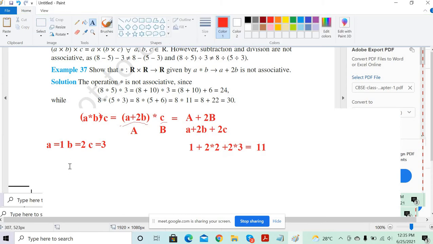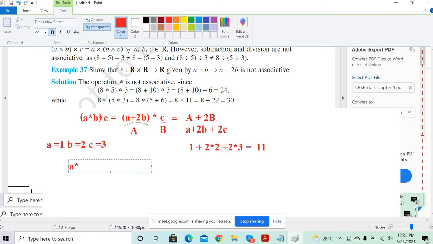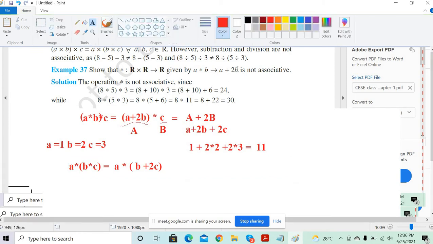Now we do the operation a star (b star c). It becomes b plus 2c, as per this operation: any star operation b star c will be changed to b plus 2c.